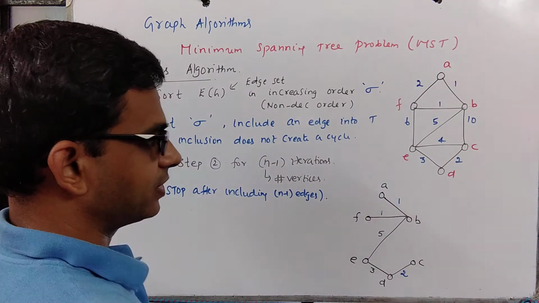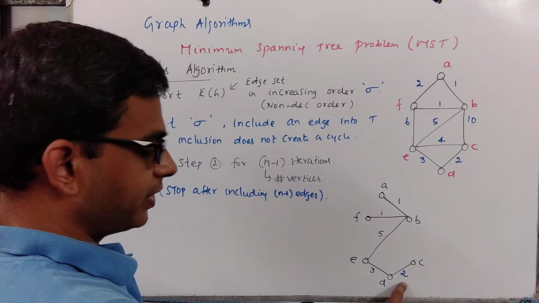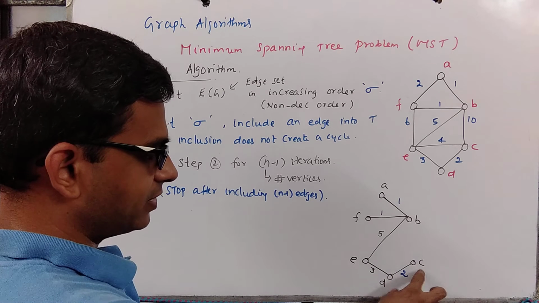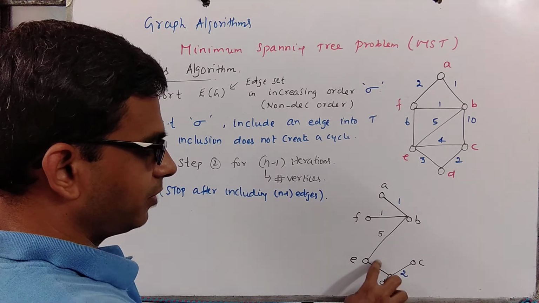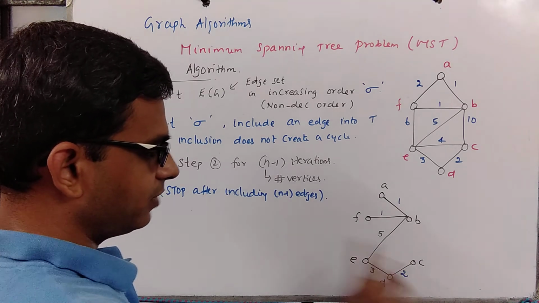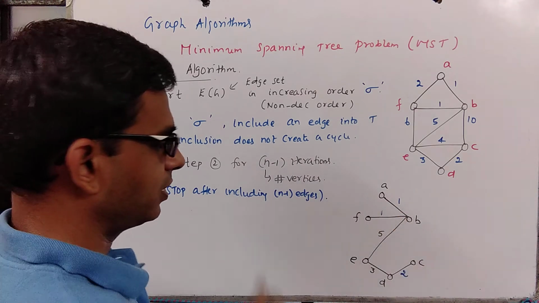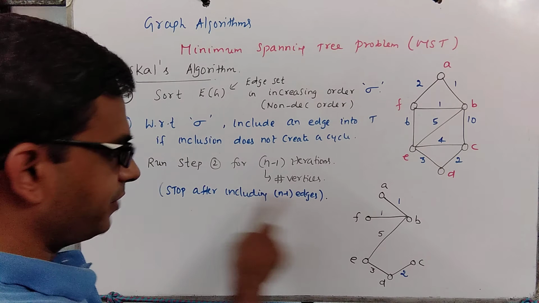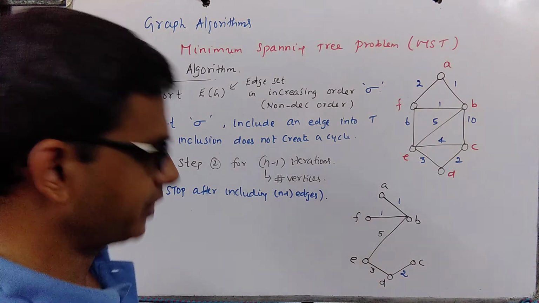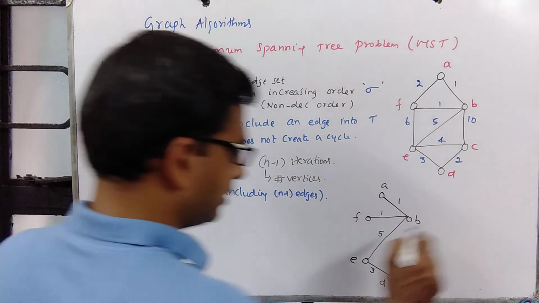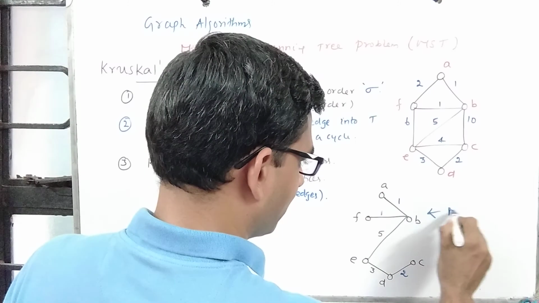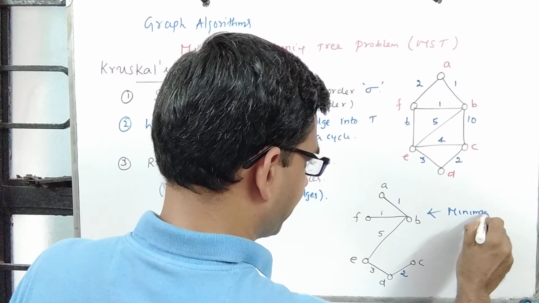And next edge is CD. And inclusion of this does not create a cycle. Consider. Then it is this. But when we include this edge, it creates a cycle. So skip and then take the next edge. This. And we stop our algorithm because we have included n minus 1 edges. And this is precisely our minimum spanning tree.